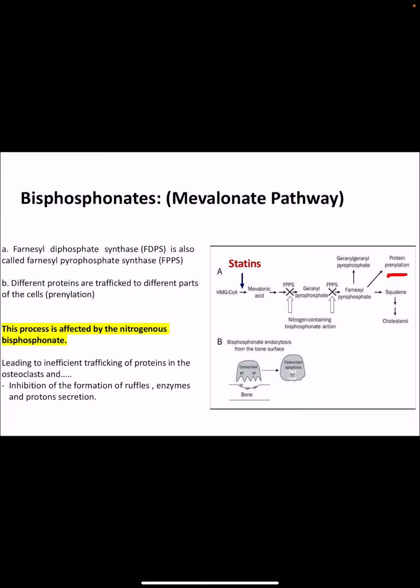Prenylation is a process where you attach something to a protein to direct it. You tell it to go here. Exactly. Let me give you a simple example. A calcium channel is made of more than one subunit: alpha, beta, and gamma.